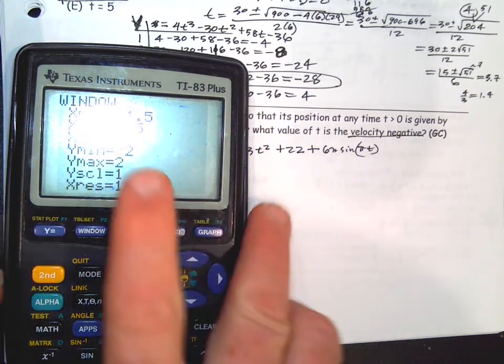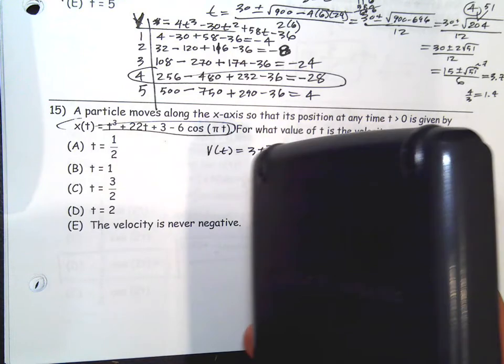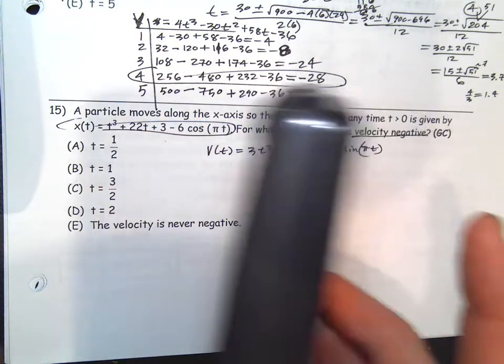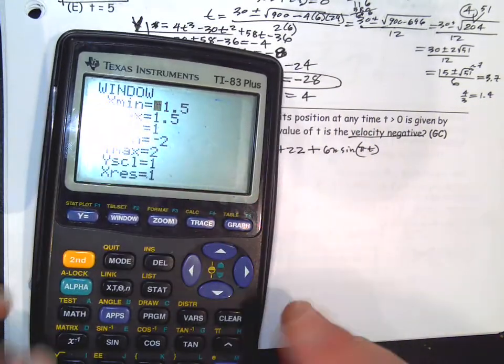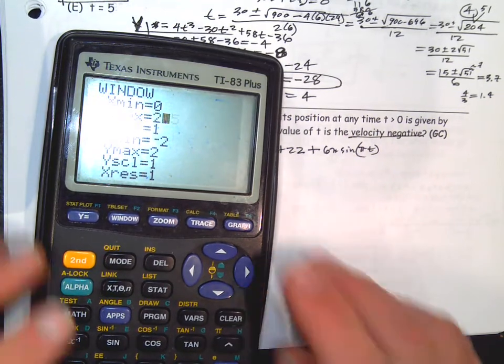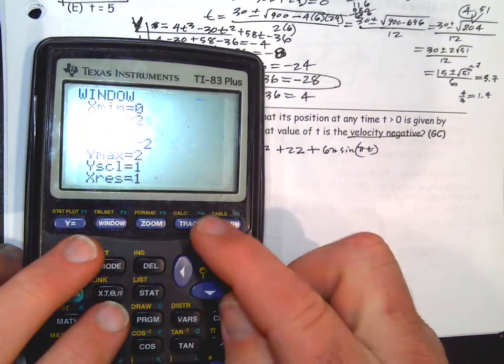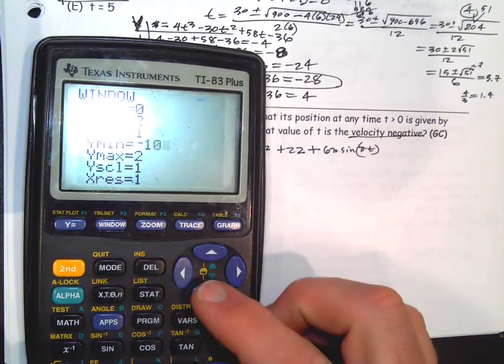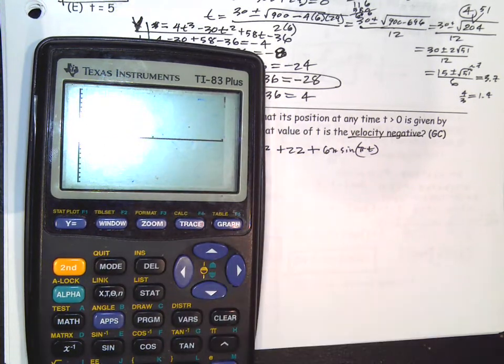Window 0 to 2, just do a negative 10 to 10.